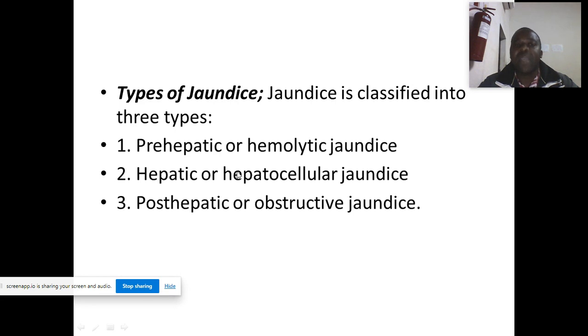So there's improper metabolism of the bilirubin. Remember, bilirubin has to be conjugated. So the conjugation processes are not taking place. But I'm interested in the posthepatic, which is also called obstructive jaundice.